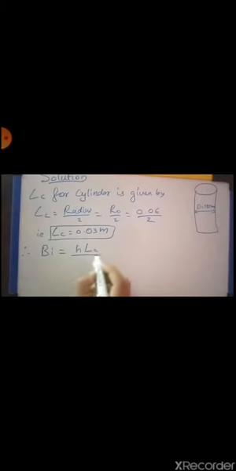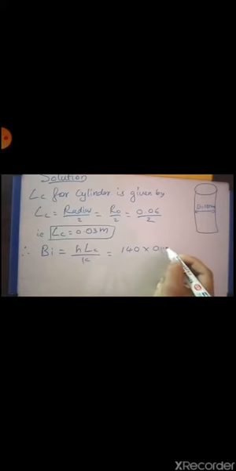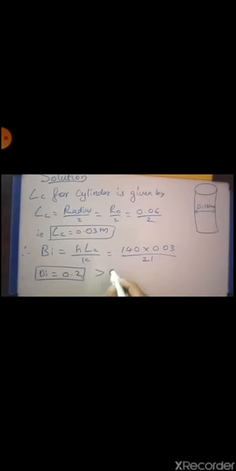After finding Lc, we can directly find out the Biot number. You know that Biot number Bi is equal to h Lc by k. That is, h value is given in the problem, that is 140 into Lc 0.03 divided by k, which is also given as 21. Biot number Bi is equal to 0.2, which is greater than 0.1.